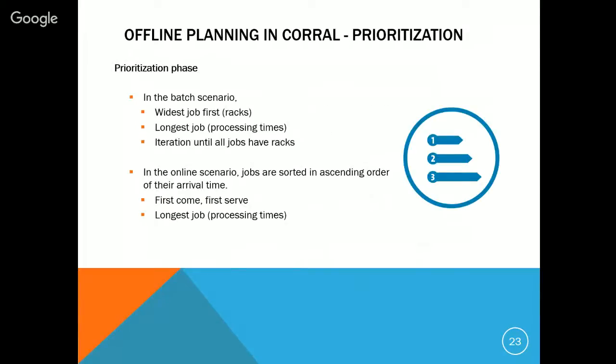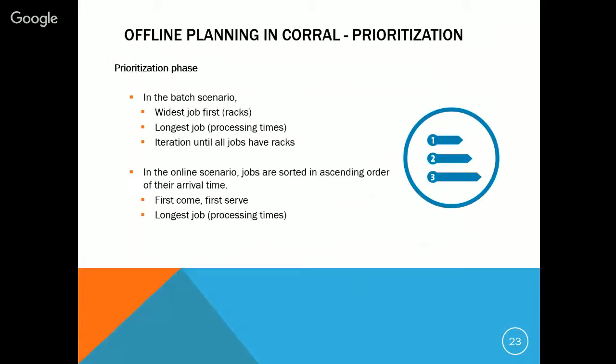So we're going to talk about the prioritization phase here. In the batch scenario, we're talking about how to make the widest job first a little bit more efficient. This is to avoid holes in the schedule. We're also going to talk about the longest job, in which the main factor is the processing times.